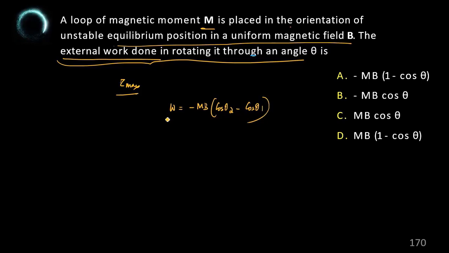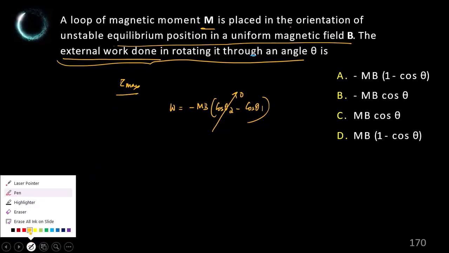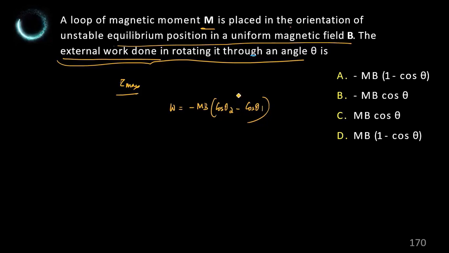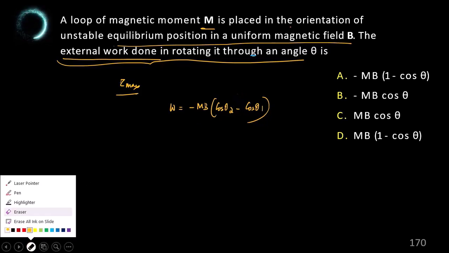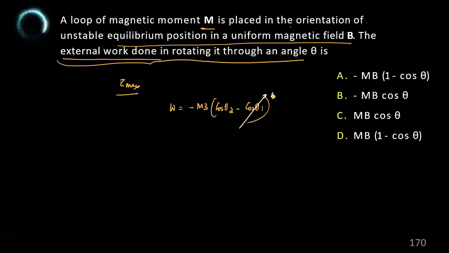ঠিক আছে, বুঝে গেছে? তো থিটা 2 টা 0 না, থিটা 1 টা ইনিশিয়ালি 0 ছিল। সো থিটা 1 টা 0, এইটা cos theta, তাহলে হয়ে গেল মাইনাস এম বি cos theta, বুঝে গেছে? কেন?